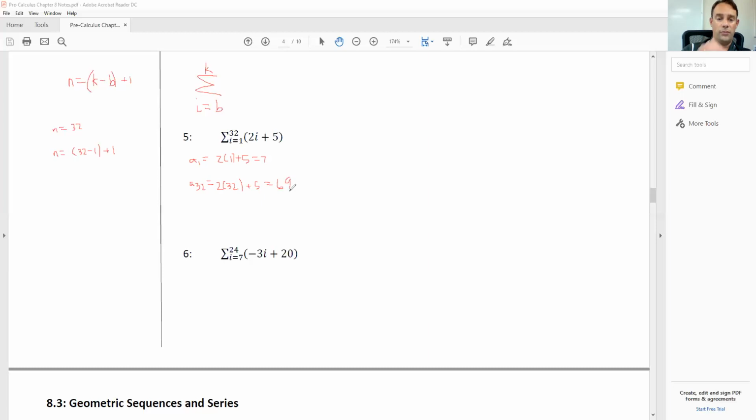And if we plug these numbers in here, we'd have the sum. So the sum of the first 32 terms is 32 times 7 plus 69 divided by 2. That's 1216.